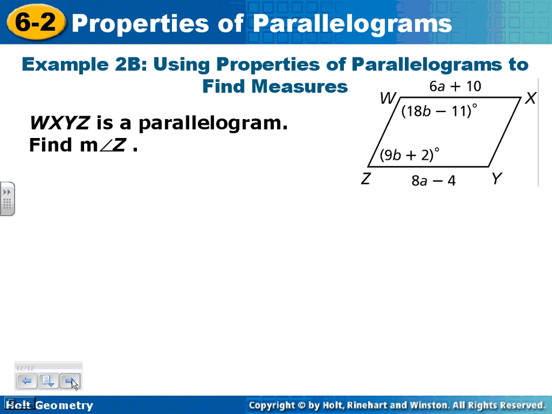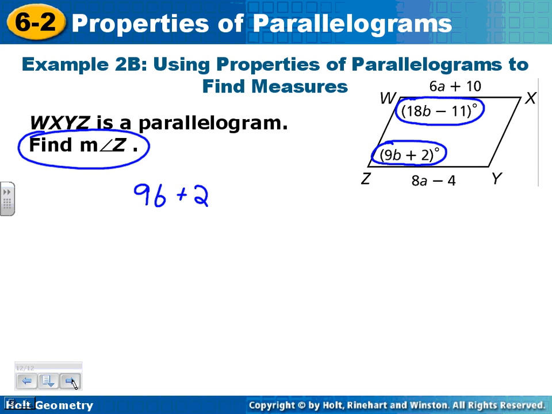Now we're ready for the last one. We have WXYZ is a parallelogram. Find the measure of angle Z. Angle Z is 9b plus 2. Let's write that down. And the only other angle measure I have is angle W. Don't set these equal to each other.